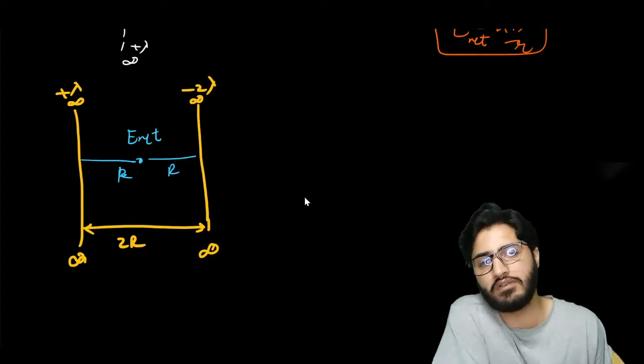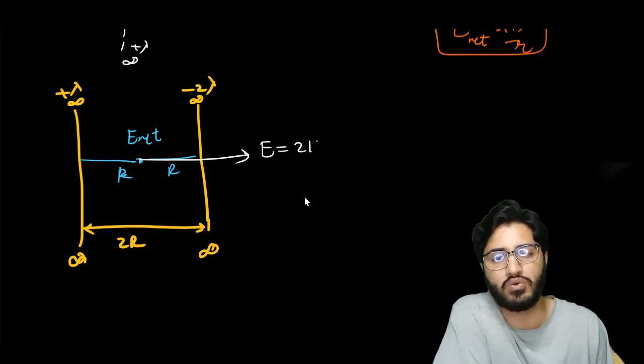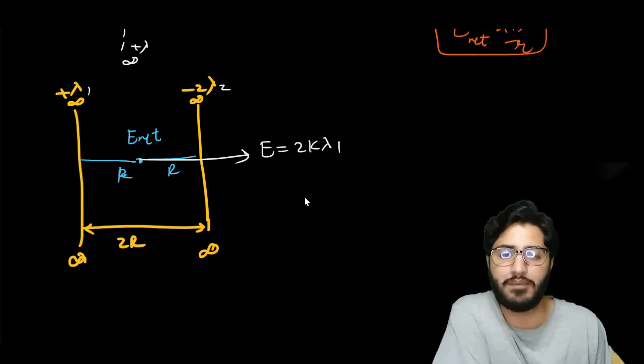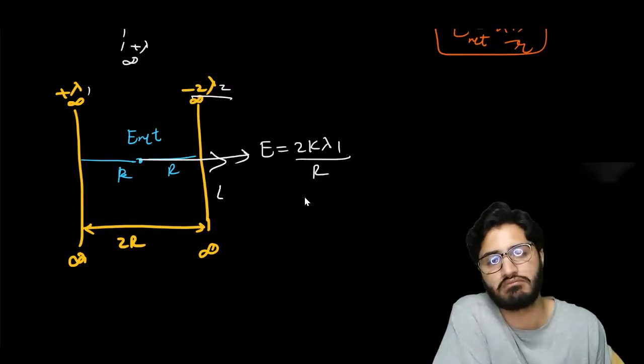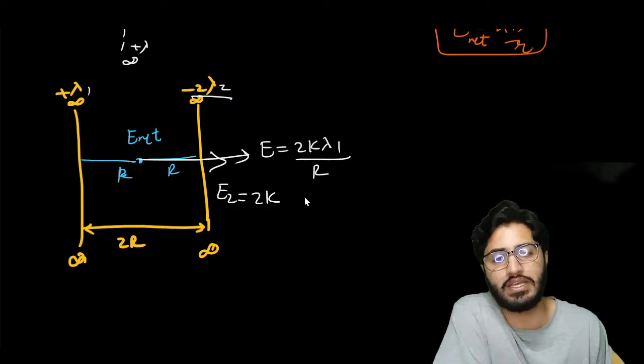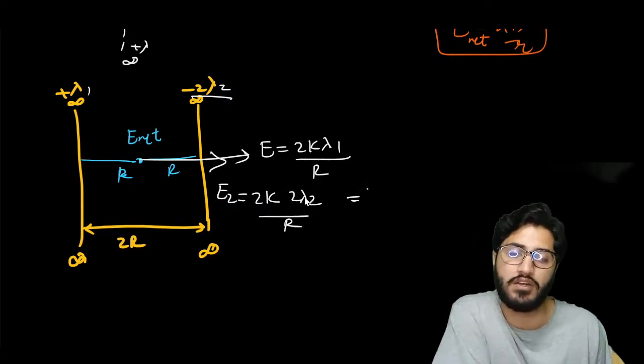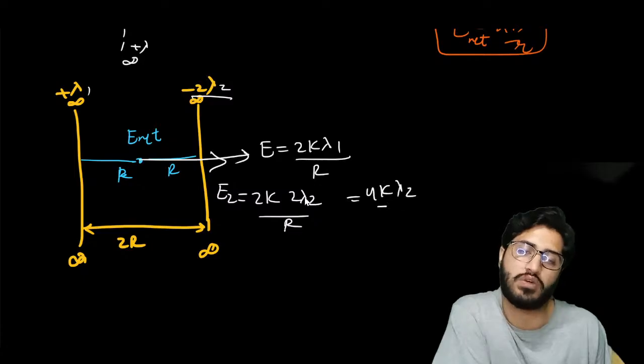Due to this one, it will be outwards, and E is 2k lambda 1 divided by r. Due to this one, E2 is 2k into 2 lambda 2 divided by r, which is 4k lambda 2 divided by r.